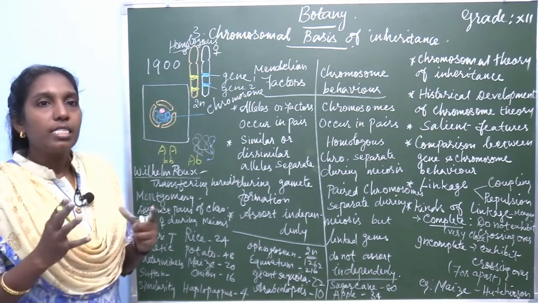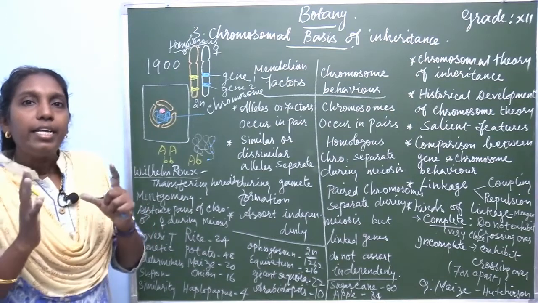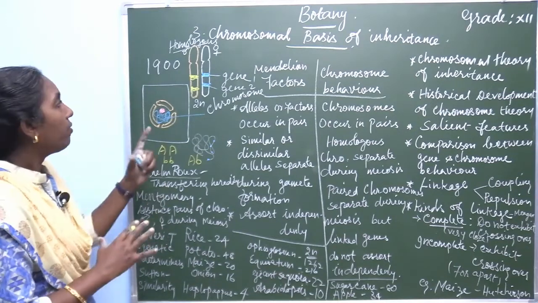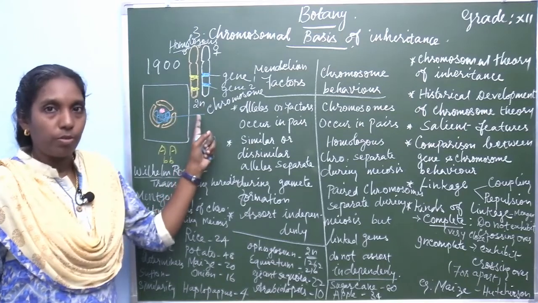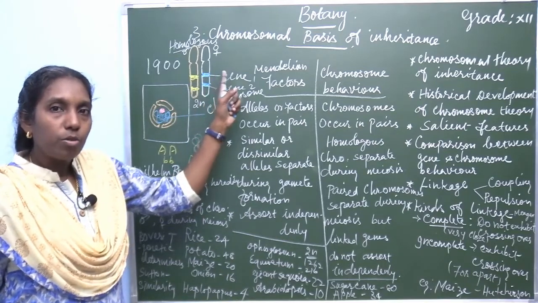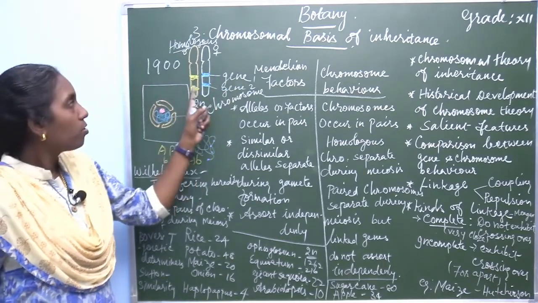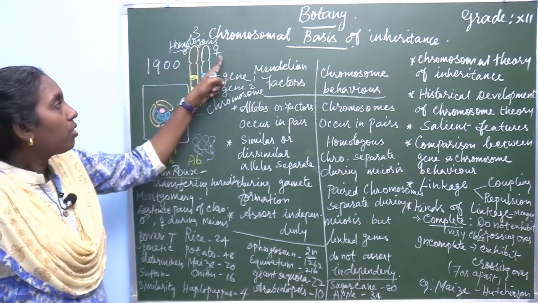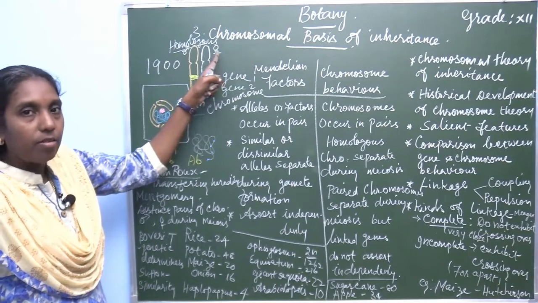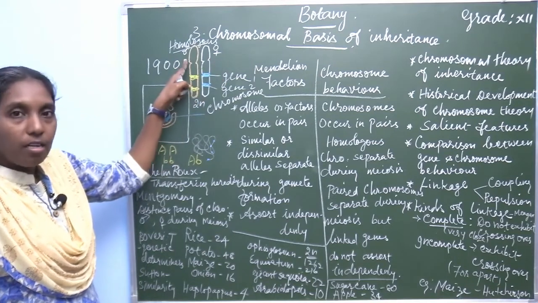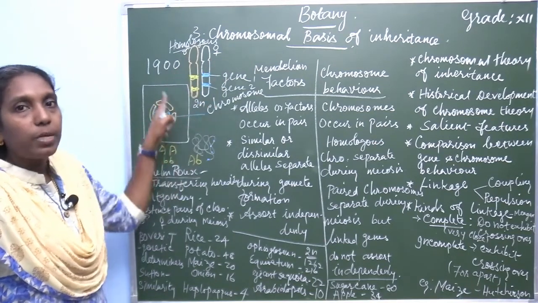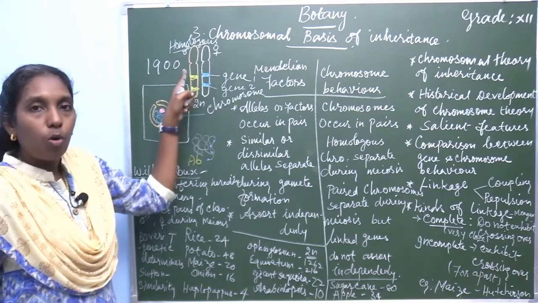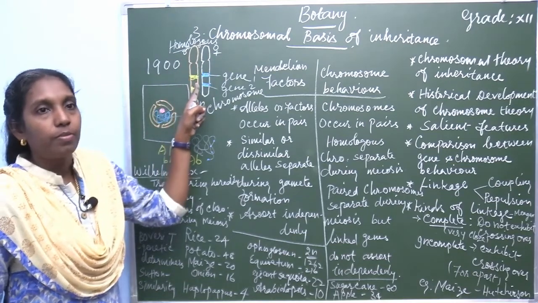These consist of identical sets of chromosomes, which we call homologous chromosomes. One is derived from the paternal side, another from the maternal: maternal mother, paternal father. This complete set is called homologous chromosomes.